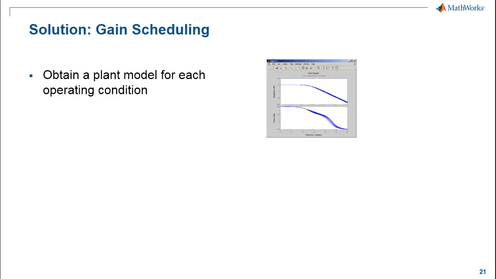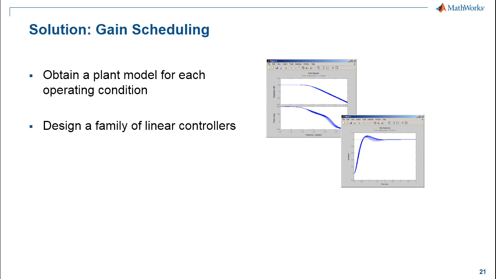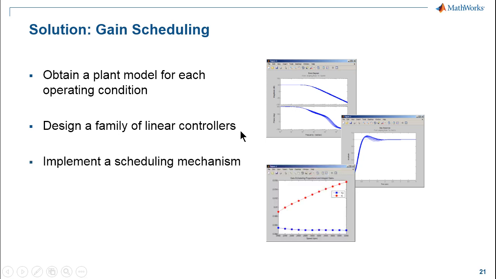Our solution for that is to obtain a plant model for each operating condition using scripting capabilities of Simulink Control Design. With the scripting capabilities, instead of using the graphical user interface like I showed you, you can write a MATLAB script that will linearize the Simulink model at different operating conditions, get a set of transfer functions, and then again, using a script, you can design a family of linear controllers at all these different operating conditions, and then schedule these controllers using lookup tables in Simulink.